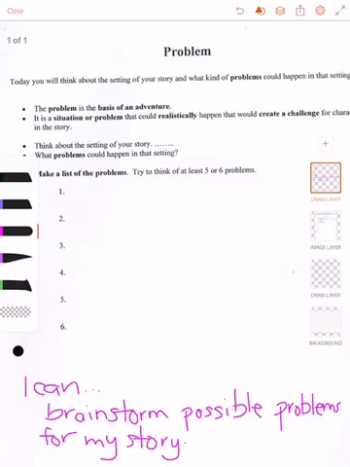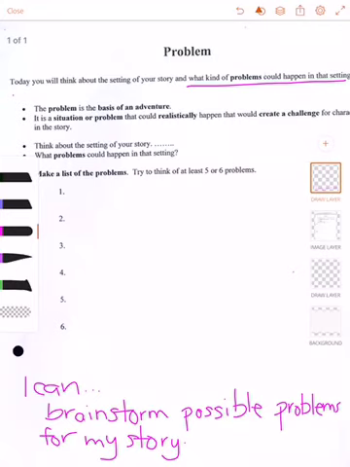Let's read. Today, you will think about the setting of your story and what kind of problems could happen in that setting. So please make sure you have finished the setting workshop from Sunday, because your problem needs to be related to the setting that you've decided for your story.